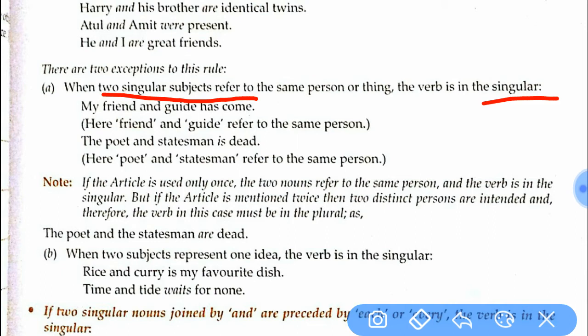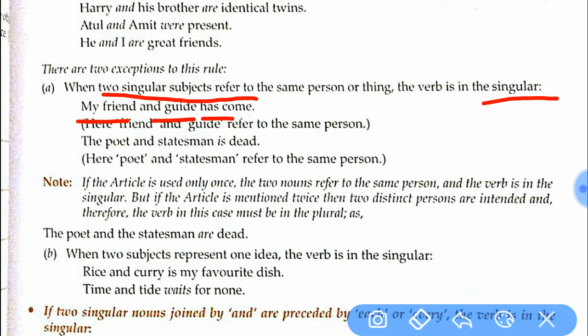For example, my friend and guide has come. Has is the singular form. What's the plural form of has? Have. So my friend and guide means the same person. It's like any person who has got two designations. So my friend and guide here is the same single person who is being spoken about.